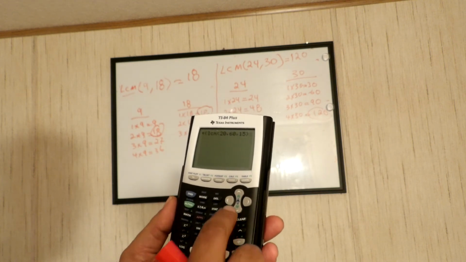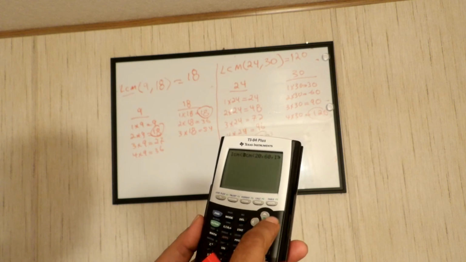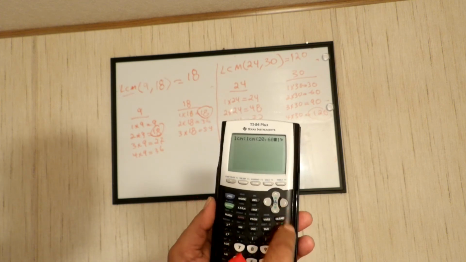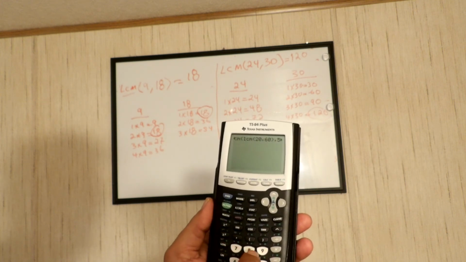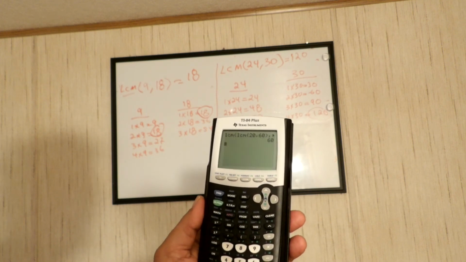Okay, I made a mistake. You have to close the parenthesis here, then comma, 15, and then close the parenthesis. So it's going to be 60.